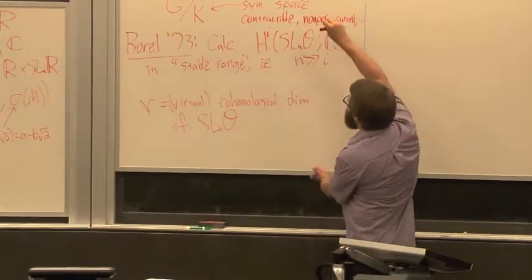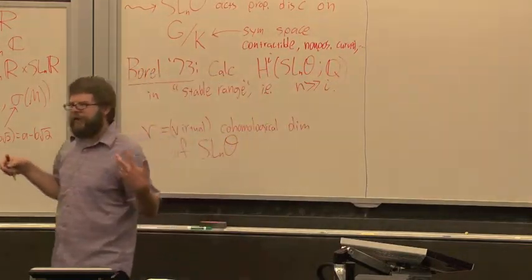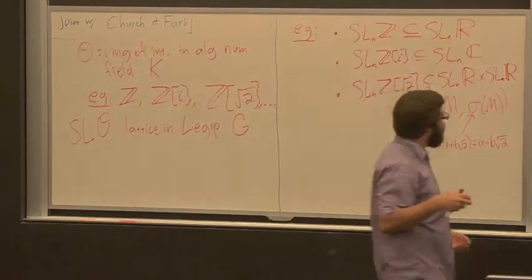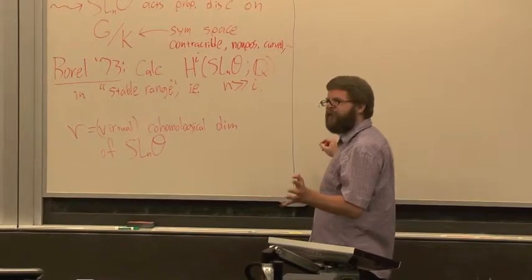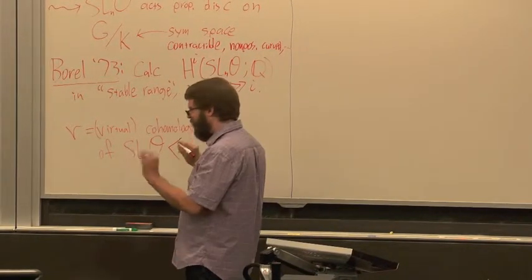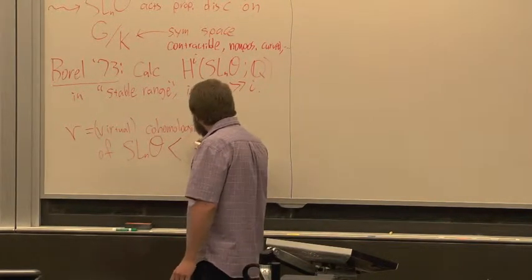So they don't actually act freely on G mod K, the same way the mapping class group doesn't act freely on Teichmüller space, but the only problem is some finite groups. And so if you ignore those finite groups and restrict yourself to doing rational calculations, the cohomological dimension is finite. Okay, just because these are basically the fundamental groups of finite dimensional aspherical manifolds. So that's less than infinity.